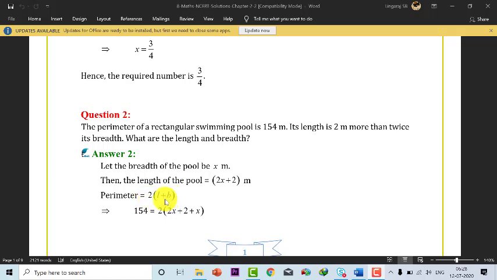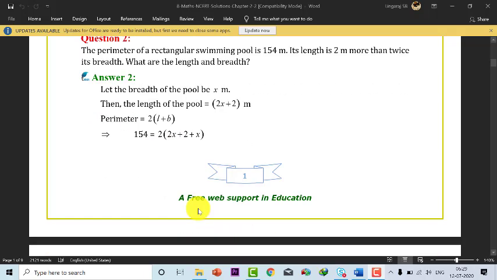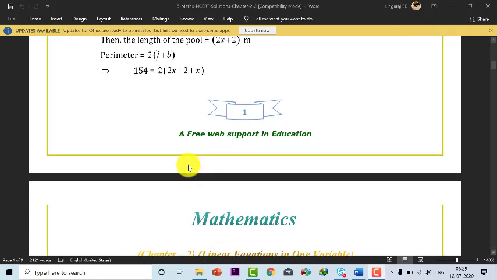Here the perimeter of the rectangle is given as 154 meter. So we write 154 is equal to 2 into (2x plus 2 plus x), with length 2x plus 2 and breadth x, which is unknown.